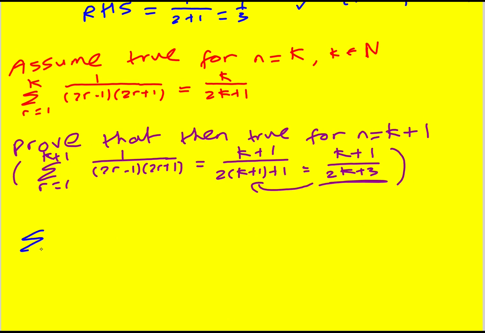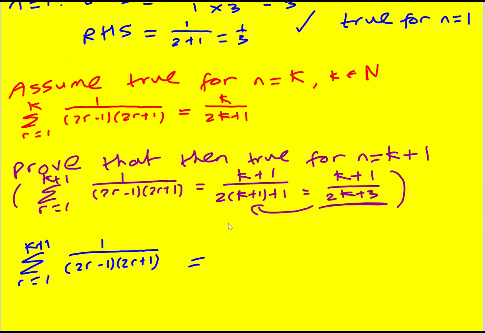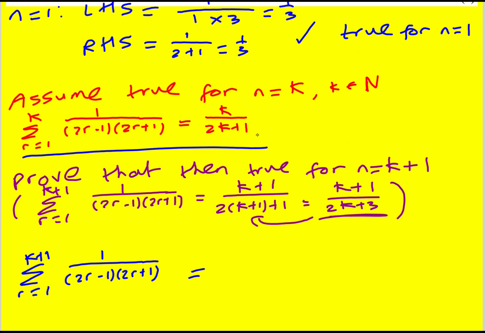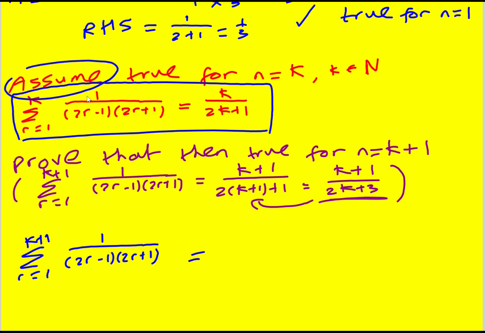So we're going to start with the thing that we're trying to get to. So r equals 1, k plus 1. But now all I can use is, well, this essentially. That is what I know is true according to my assumption anyway. So I can change my summation to being from r equals 1 to just k, and then I can add on this extra term when r is k plus 1.